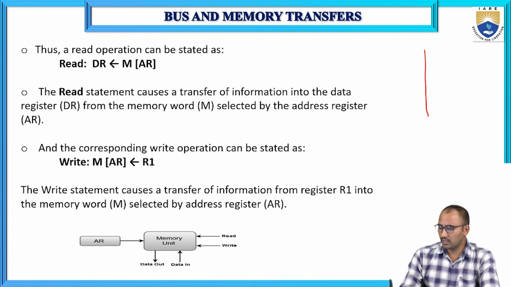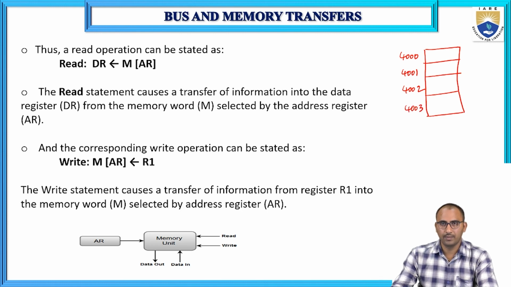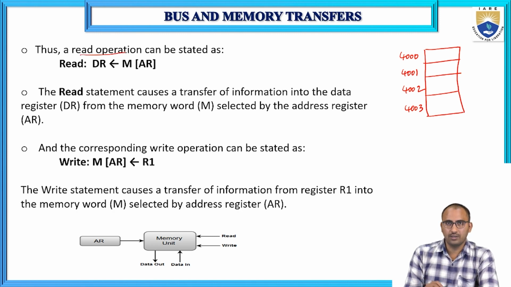Consider a memory, with an address for every memory location. Now consider a read operation. A read operation is nothing but reading the data from the memory to the end user.